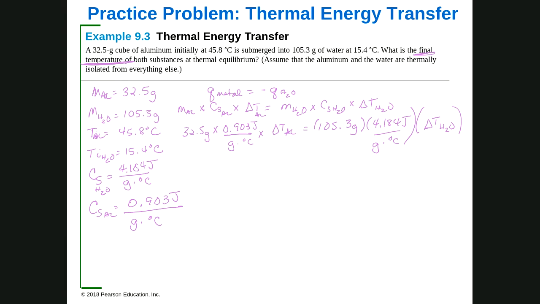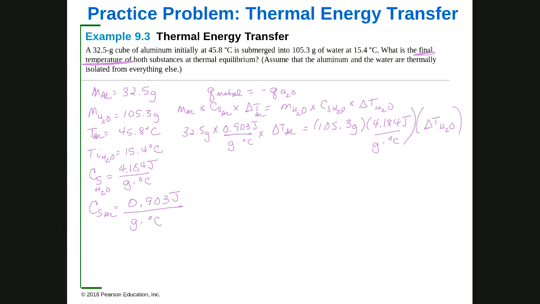I know the initial temperature of the aluminum and the initial temperature of the water, but I don't know the final temperature. That's what I'm having to figure out here.